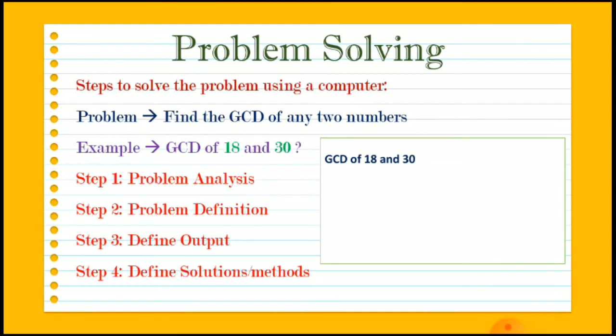So 18 and 30 are given numbers. First find out the possible factors of 18. Factor means the possible numbers that can divide the number 18.